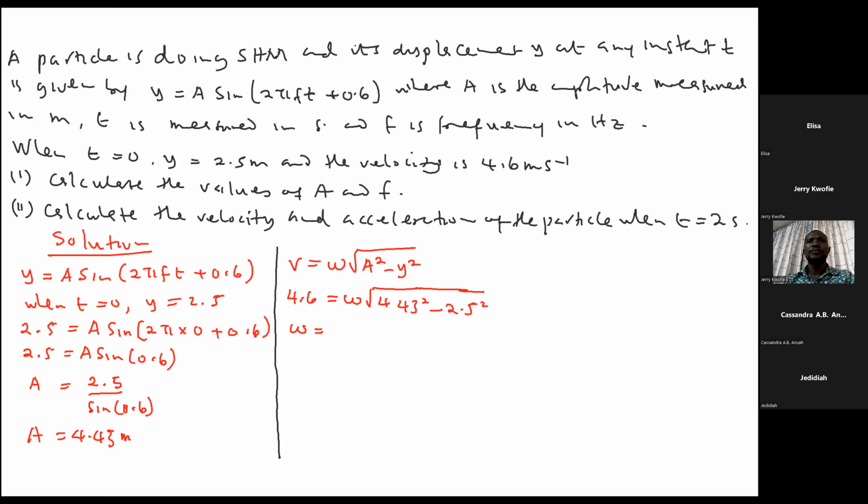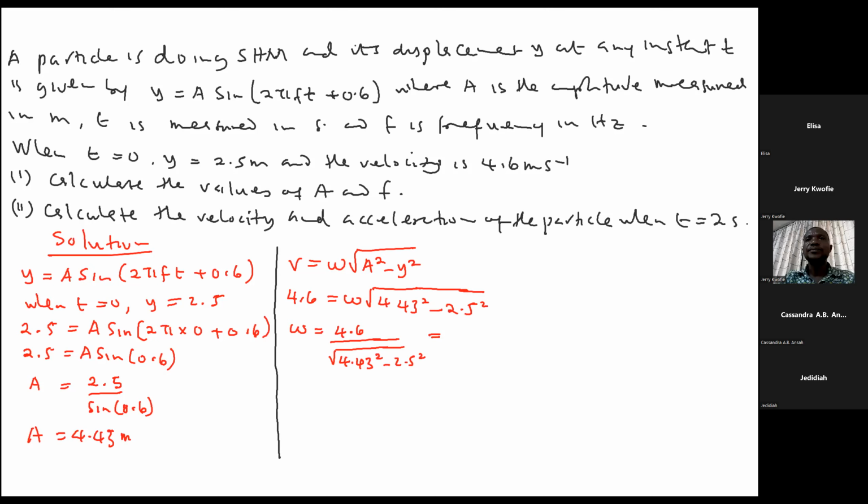Elisa, have you worked it out? Cassandra, you are back. So can you evaluate the expression there for omega for us? That is, if you make omega the subject, you will have 4.6 over root of 4.43 square minus 2.5 square.